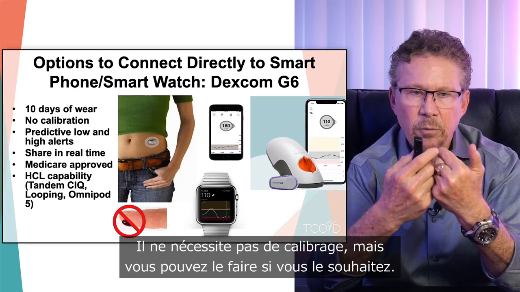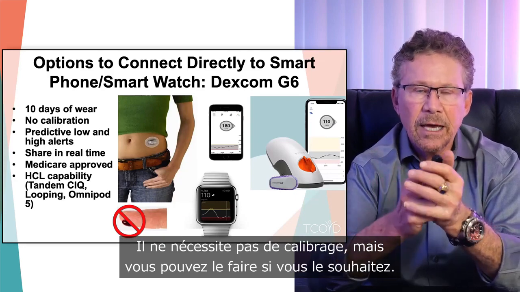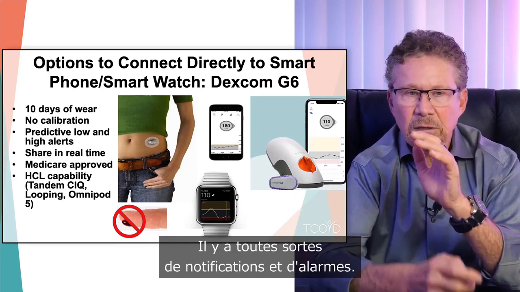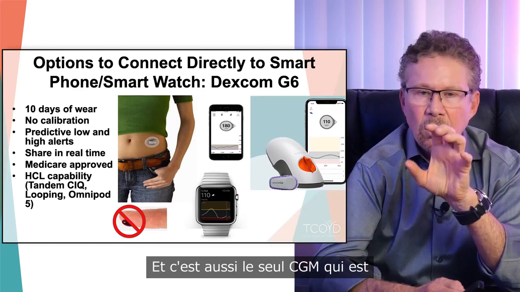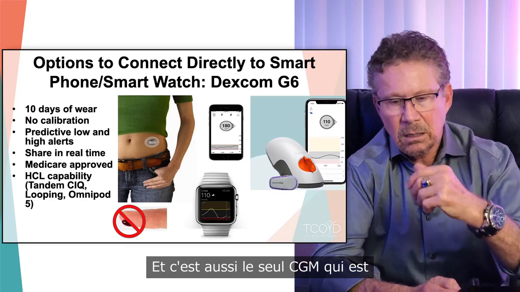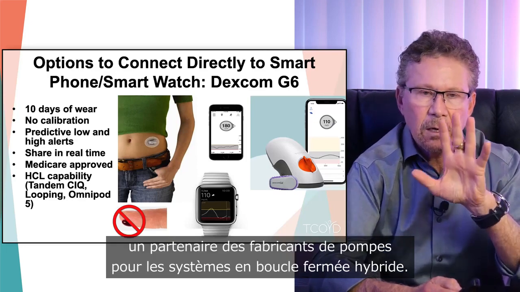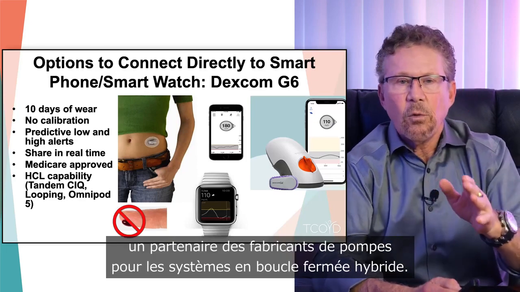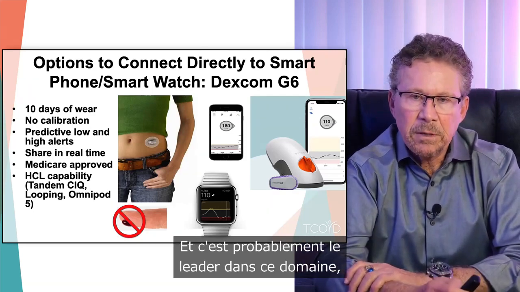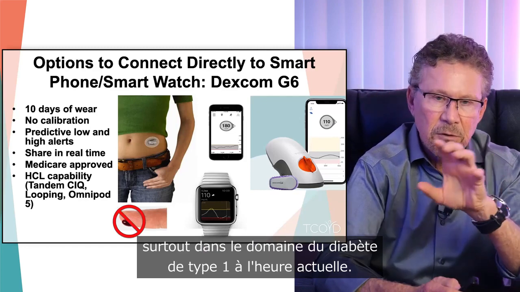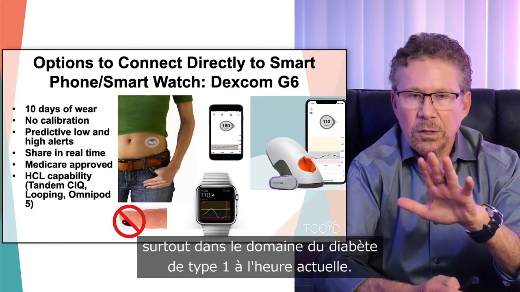It requires no calibration, but you could calibrate if you like. It's got all kinds of alerts and alarms, and also it is the only CGM that is a partner to pump companies for the hybrid closed loop system. And it's probably the leader in the field, especially in the area of type 1 diabetes at the current time.